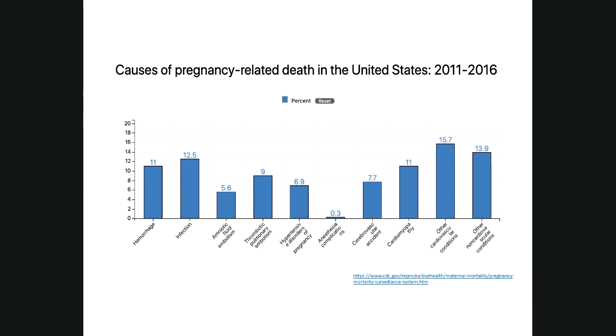As you can see, cardiovascular disease is one of the leading causes of maternal mortality, but there's also this 6% of pregnancy-related deaths where the cause is unknown. And just my theory is that may be associated with more drug intoxication, but that's just the theory that I have.